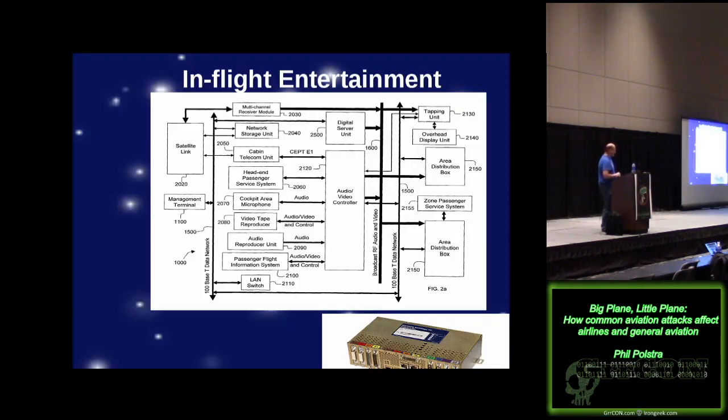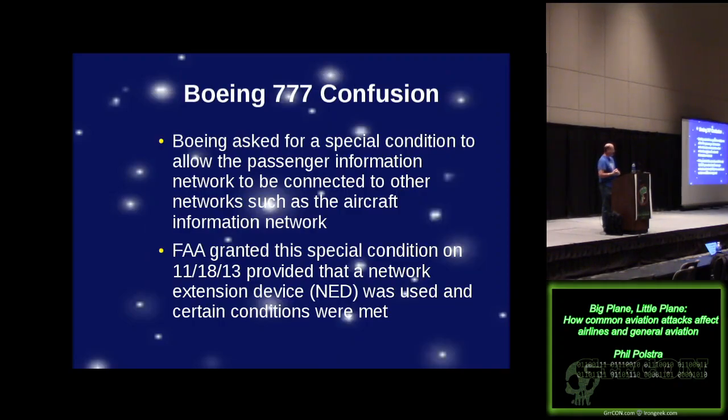So, here's just one diagram for a system. I won't tell you which aircraft this is, but it shows some of the interconnections between the in-flight entertainment and some other systems. All right. Real briefly, there was some confusion. A lot of people out there were confused about the 777 because of something that the FAA said.